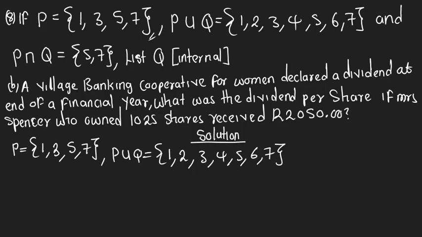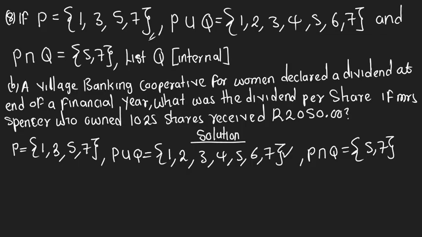It's a union, meaning you are collectively putting two people together. So when they say P union Q, they are simply telling you to get whatsoever is in set P and in Q combined. So when you combine set P and Q, you are getting this. I want you to follow me. Then they are telling you that when you intersect P and Q, what you are getting is 5, 7.